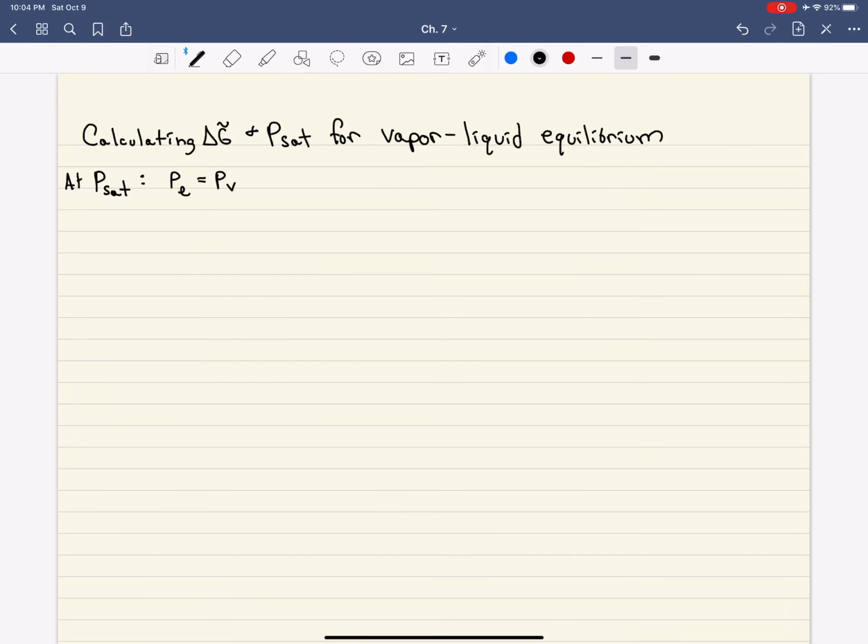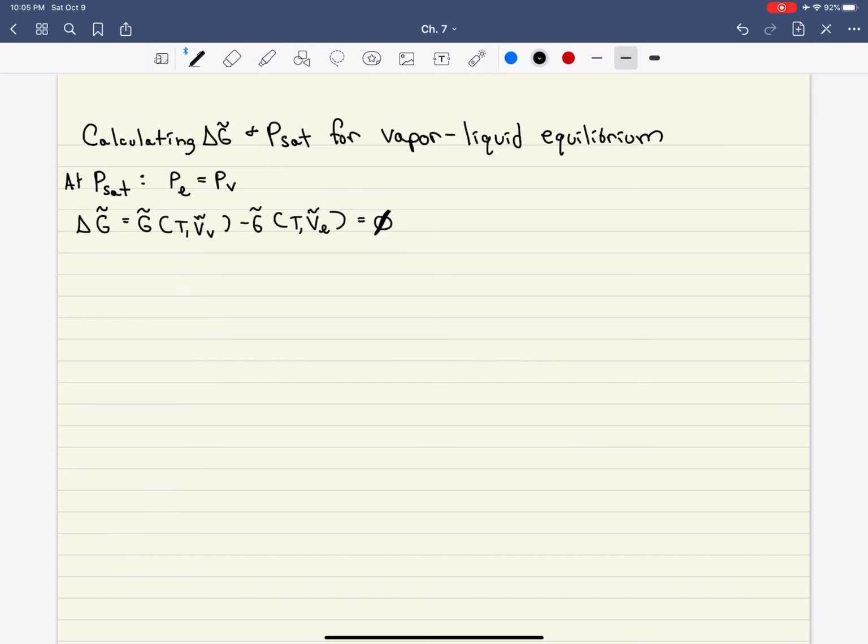Alright, and we also know that if the system is at the saturation pressure, the delta G, which is the G of the vapor phase minus the G of the liquid phase, is going to be equal to 0.